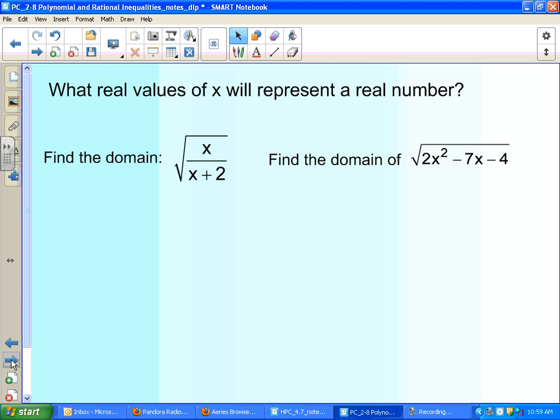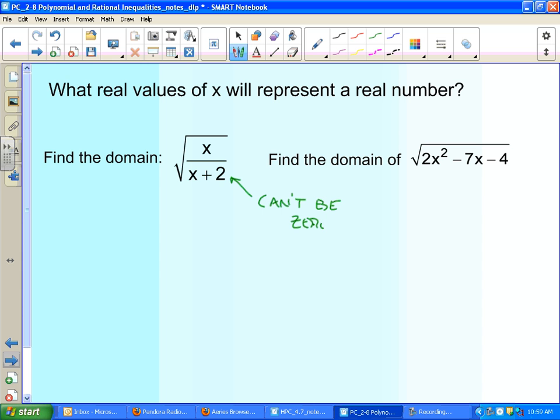When you have radicals, you have denominators and numerators. Again, you can't have negatives underneath the radical. So in this case, this has 2 situations. The denominator can't be 0, and the whole radical has to be greater than or equal to 0.